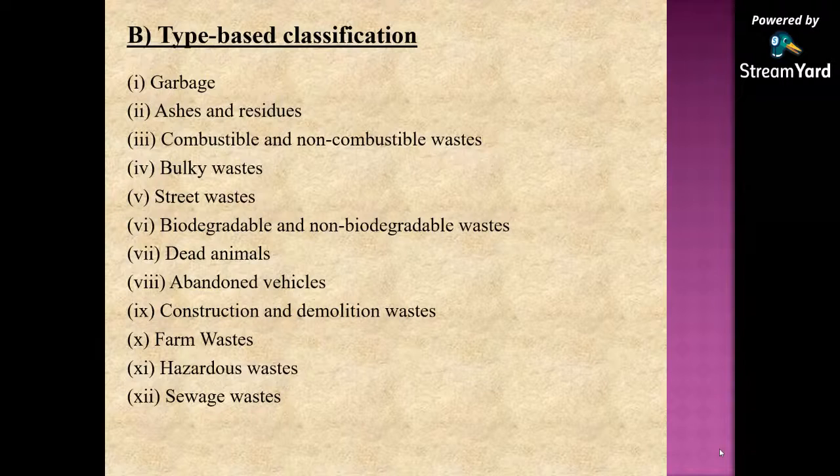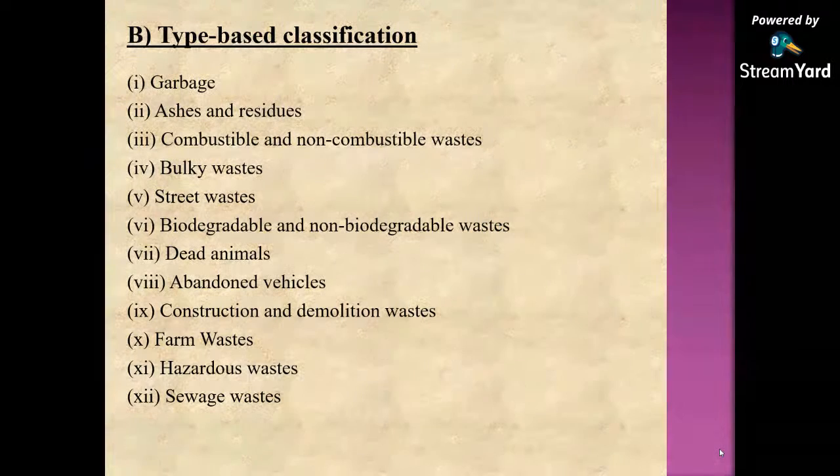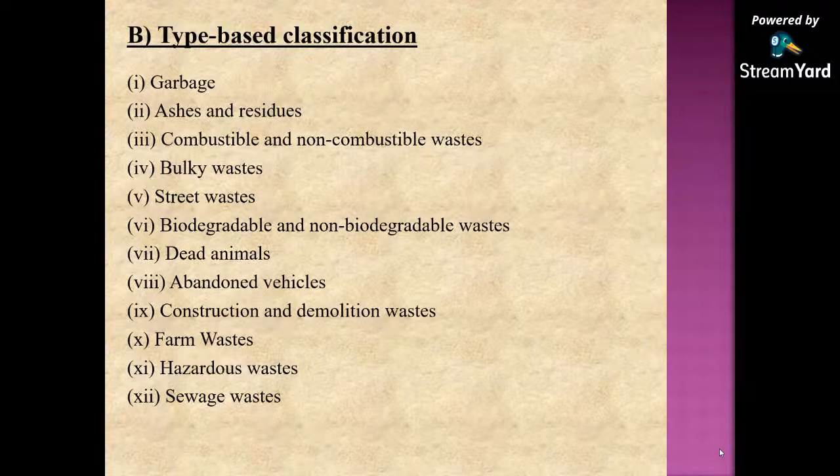Because of the action of microorganisms, these wastes are degraded from complex to simpler compounds. The non-biodegradable waste consists of inorganic and recyclable materials such as plastic, glass, cans, metals, etc. So these are the examples of biodegradable and non-biodegradable waste.